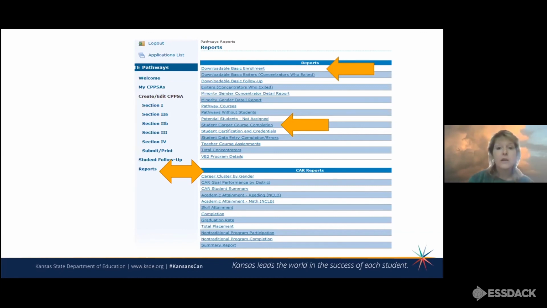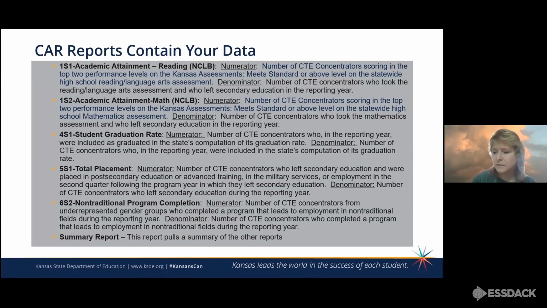If you are, then the downloadable basic enrollment report will help you to back up any of the numbers listed in those reports at the bottom, okay? This is a lot, but this is the calculation for any of those reports, just in case anybody needed it, that it's gonna be there for you.